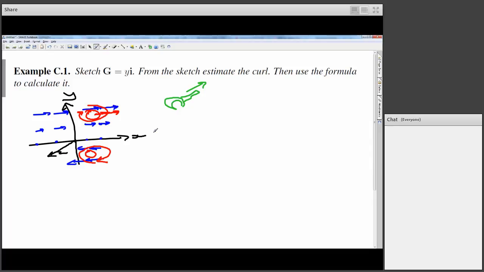Yeah, that's right. And so the curl would be into the page. Oh, I've got to remember this stuff. Yep, into the page, which would be in the negative k direction.